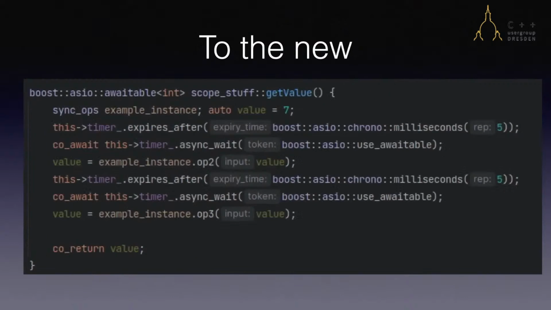And with coroutines, this now looks like this. It's just one function, and we are using co_await. The important thing is, wherever you see the keyword co_await, this function will suspend its execution and resume after the timer has elapsed.